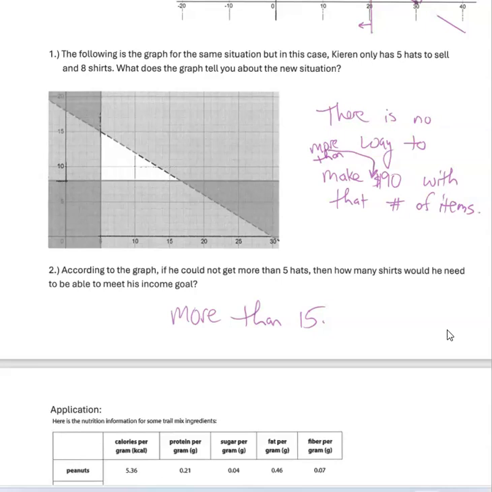If I brought it up to 15, then it's almost a triple shading. If you go slightly over 15, then you would end up having some triple shaded area where it is going to be less than 5 hats. It's going to be the correct amount of money, and once again, she's going to need more than 15 of the shirts.